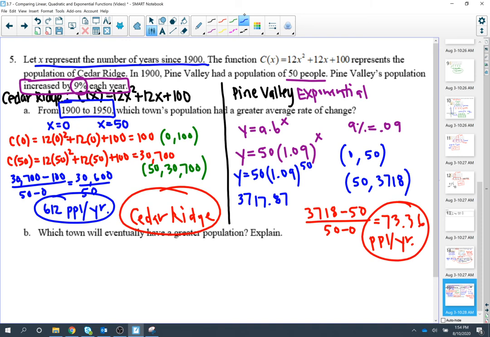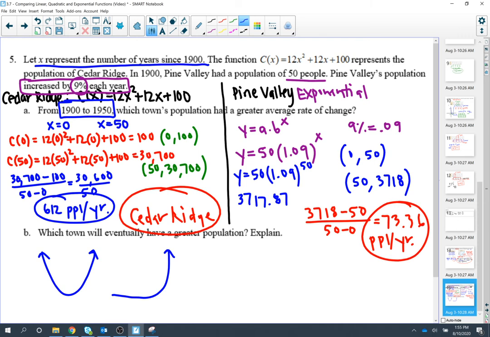Exponential has a power, so it's 5 to the power of 2, 5 to the power of 3, 5 to the power of 100. That power in an exponential graph keeps getting bigger and bigger and bigger. So eventually a quadratic is going to increase a little bit faster, a little bit faster, a little bit faster. But an exponential gets faster and shoots off like a rocket, almost straight up in the air.